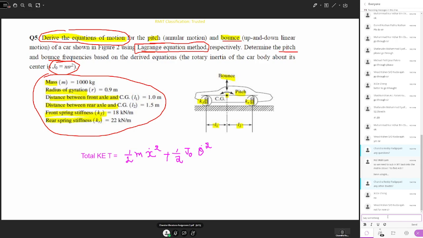Similarly, you can write the total potential energy.